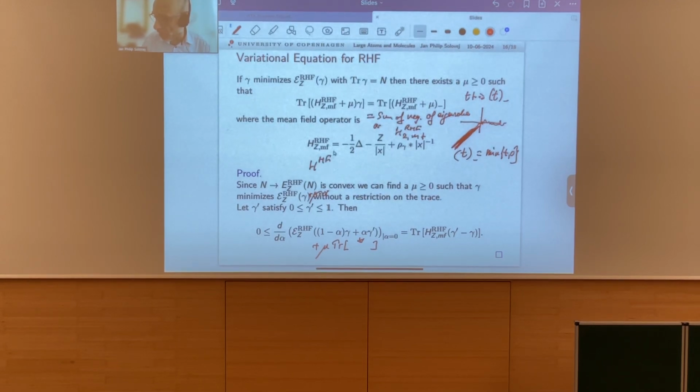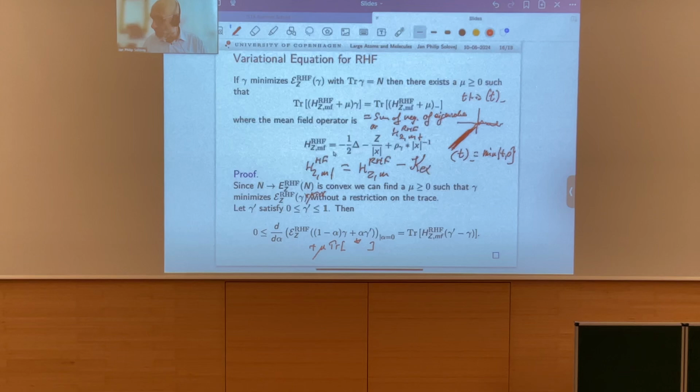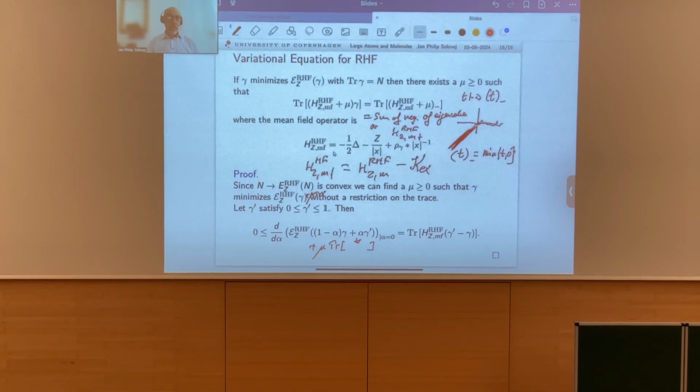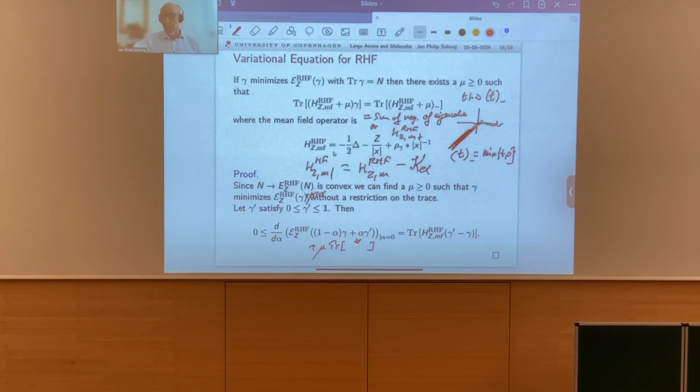If I do Hartree-Fock and I do mean field, then I would have something that corresponds to this guy. But then there would be a correction, an exchange operator that comes in. It's again, but now it's not a potential. It becomes a spin-dependent operator. So it's a bit more complicated, but there is an equation like that.